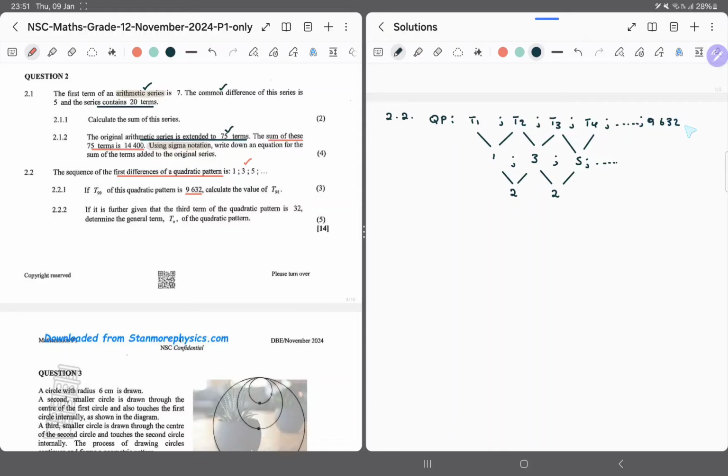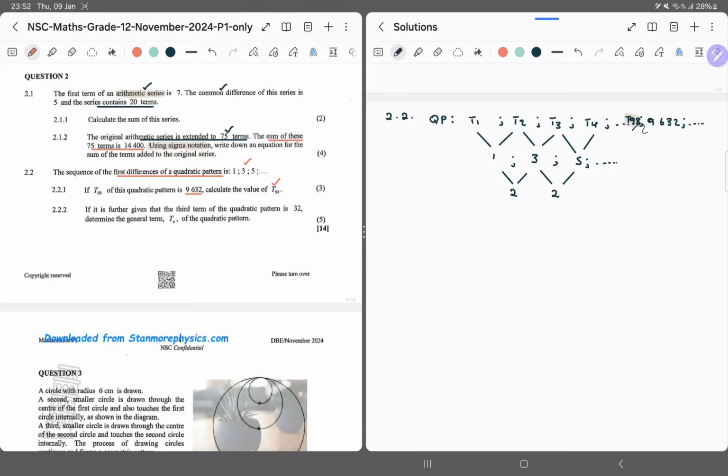This still continues. Now we are told to find T98. So obviously the preceding term here is going to be T98, and this is what we want: the value of T98.